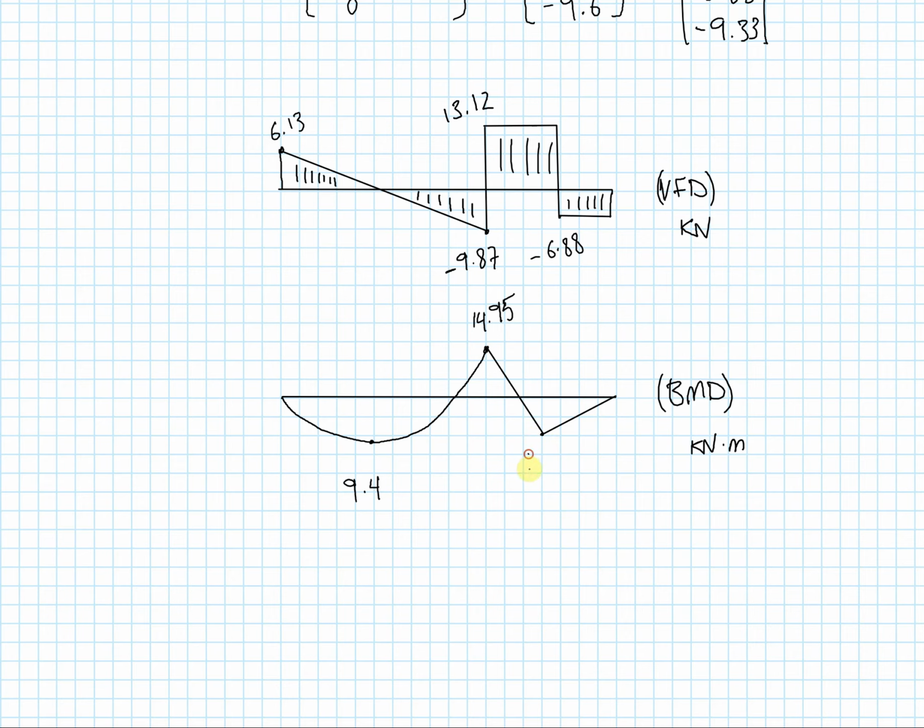And this value is 11.3 here, and oops, excuse me. This line needs to go back up because this is a fixed end support. Okay, so we have a value of 9.33 here. And this is our BMD diagram.